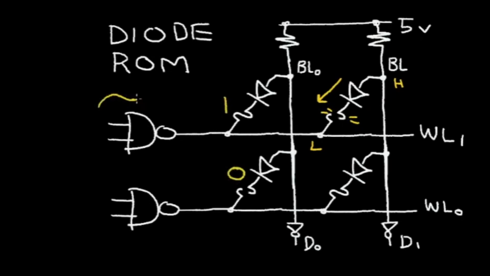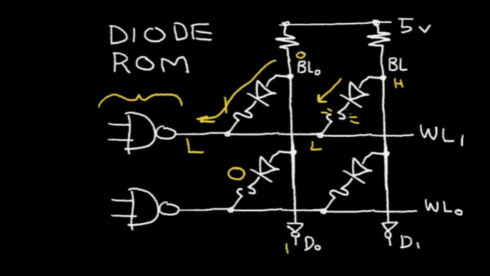Now here I've used a NAND gate decoder instead of a NOR gate decoder, since I want this selected word line to be at a logic 0 and all of the other word lines to be set at 1. So if this line is selected to a logic 0, the bit line 0 will be discharged through this path, and I'll have a 0 here, and the inverter at the output will convert that to a 1.